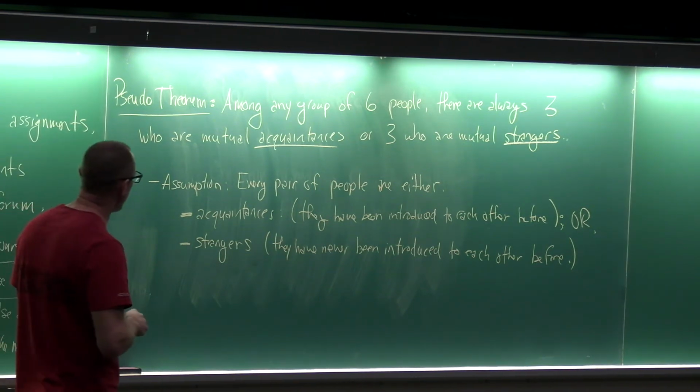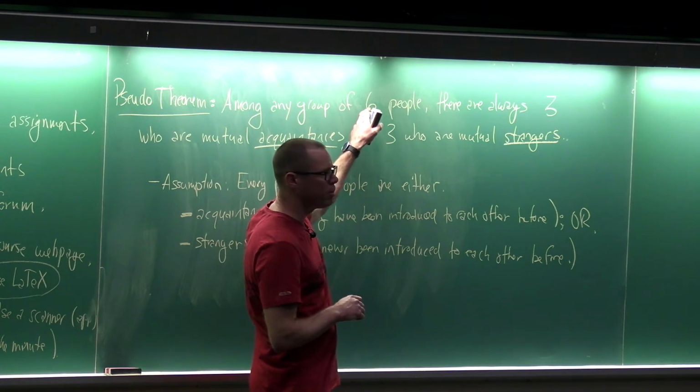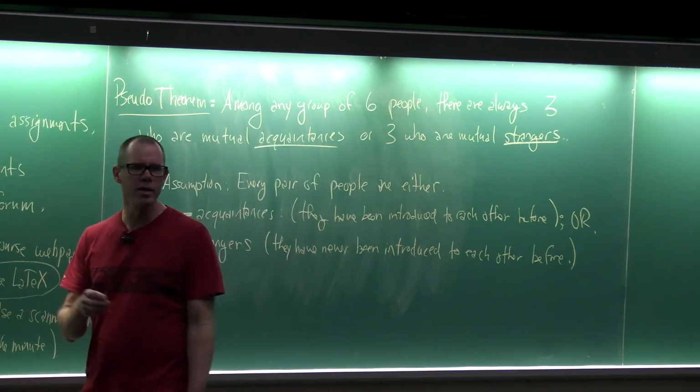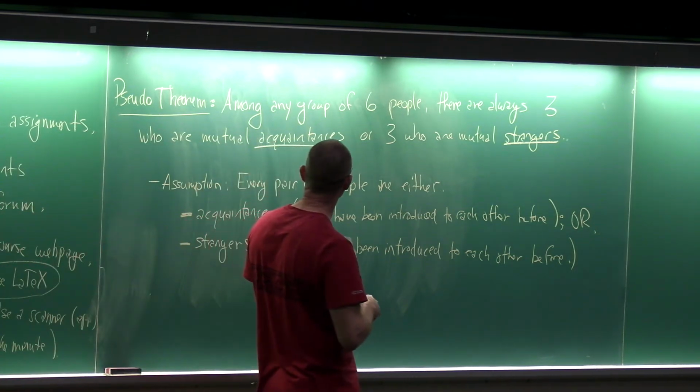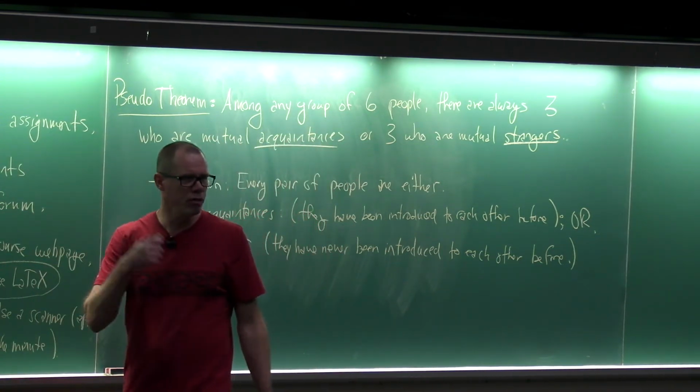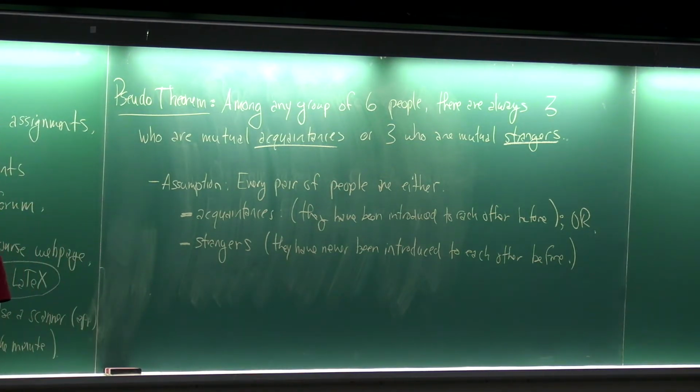So this pseudo-theorem says, if I take any 6 people, then from those 6 I can pick out 3 of them who are complete strangers. Nobody amongst the 3 knows any of the others. Or the 3 of them are acquaintances, meaning each of the 3 has been introduced to the other 2. Okay. So is that clear? If you take 3 people out of a hat, they could be strangers or acquaintances, or 2 of them could be acquaintances.